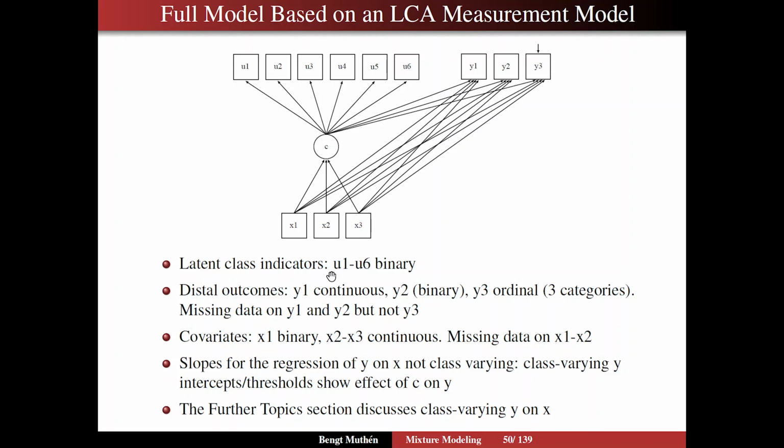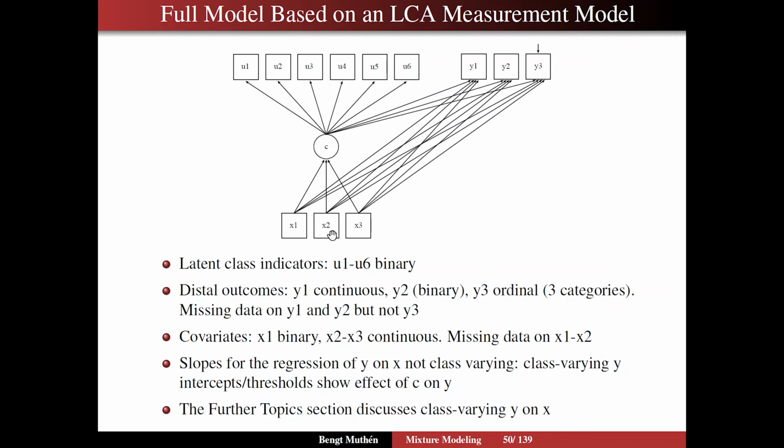Again, the latent class indicators are binary. The distal outcomes are a mix of continuous and categorical with missing data. And now what's new is the covariates, where X1 is binary, a common feature, and X2 and X3 are continuous, and we have missing data on X1 and X2. And importantly here, the slopes in the regressions of Y on X are not class varying.